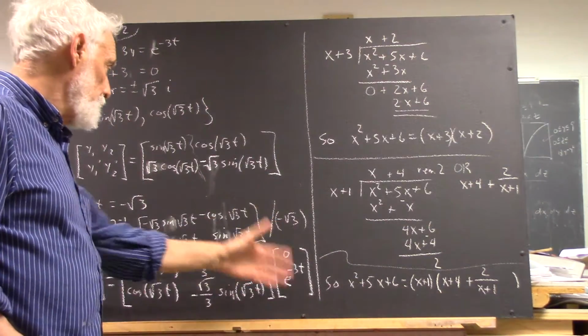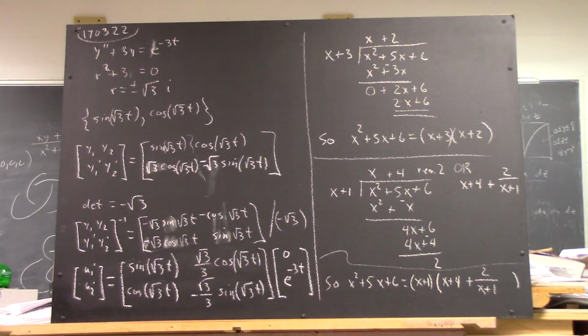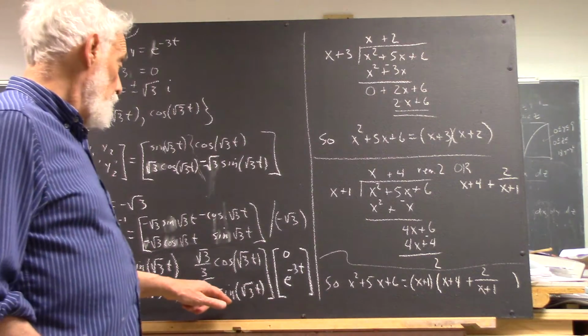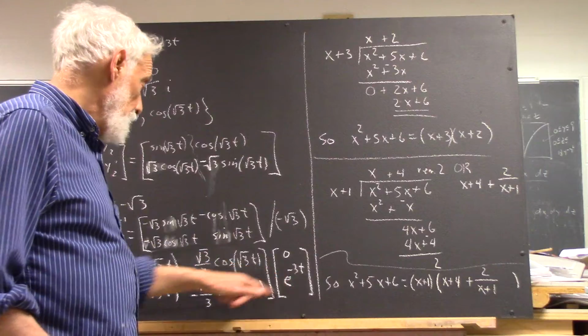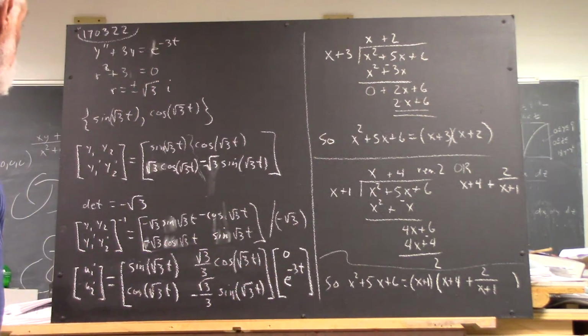Well, that's just an exponential times a cosine. We already saw an integration by parts previously that involved an exponential and a cosine. And we just do the same thing. And here you're going to have the exponential times a multiple of the sine, and you just do that carefully, and you get your solution.